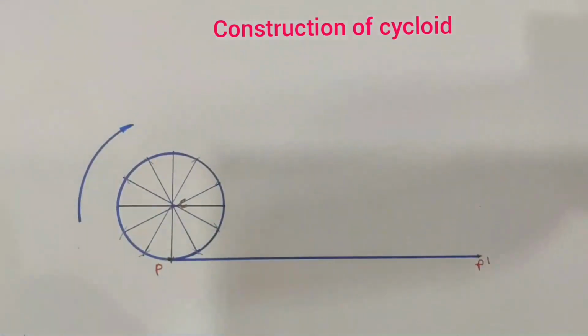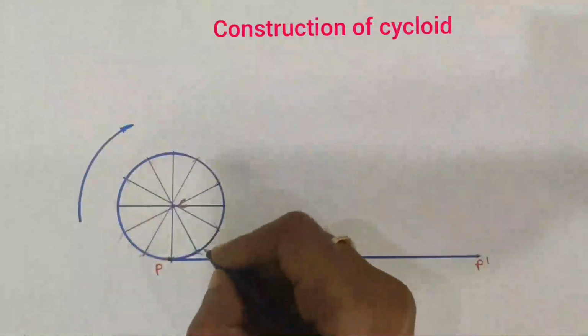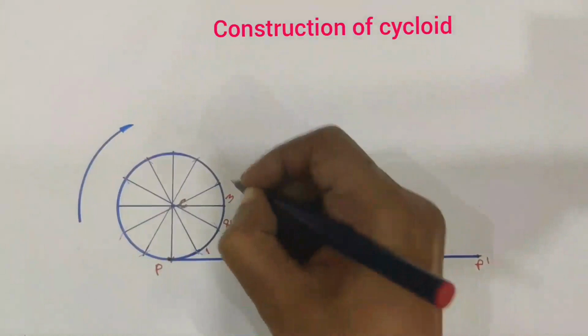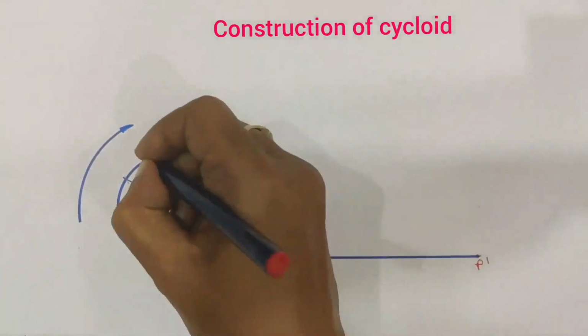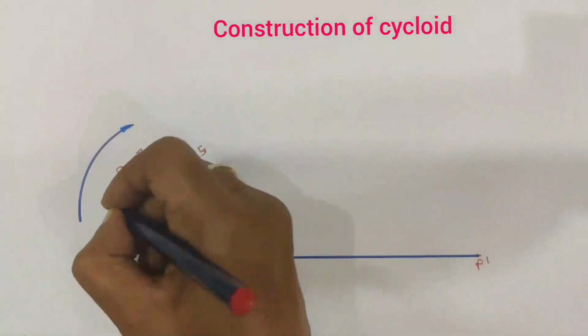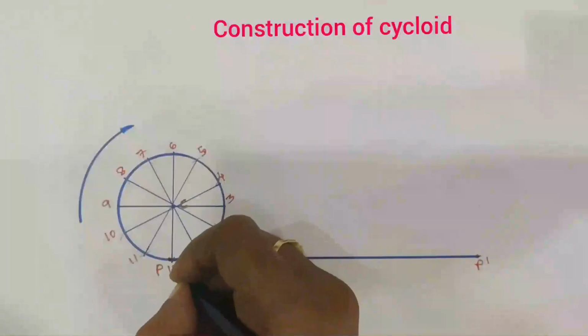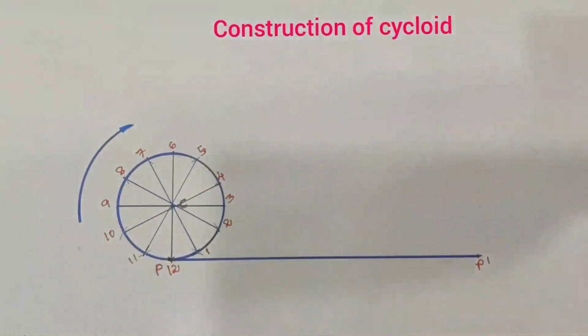Next, name the points on the rolling circle, say 1, 2, 3, 4, 5, 6, 7, 8, 9, 10, 11, 12. That is, the rolling circle is divided into 12 equal parts.